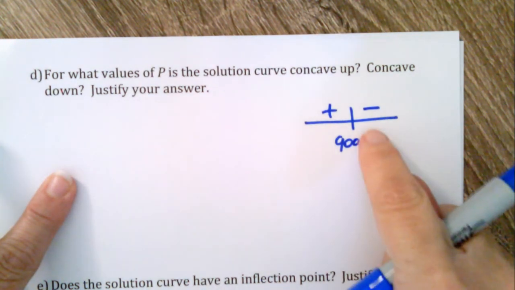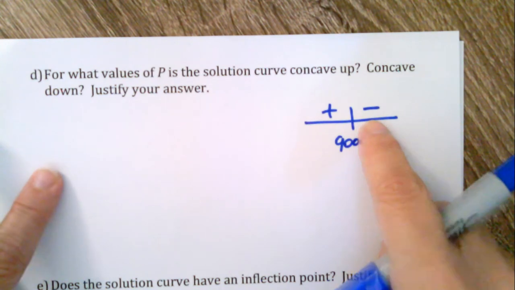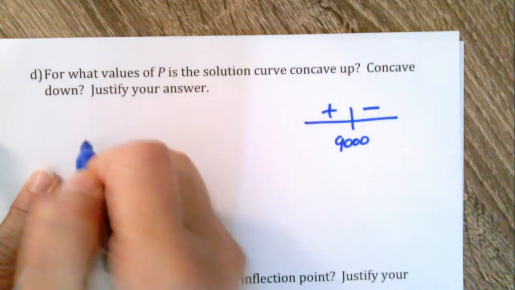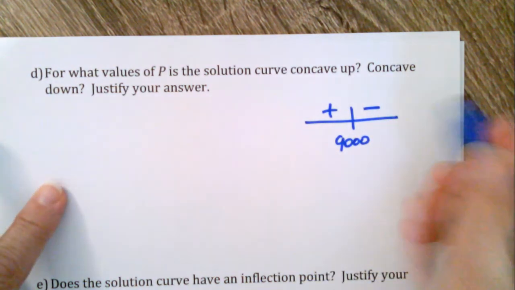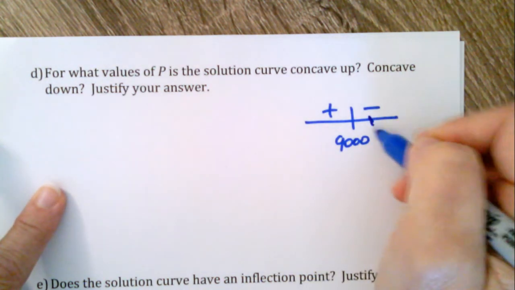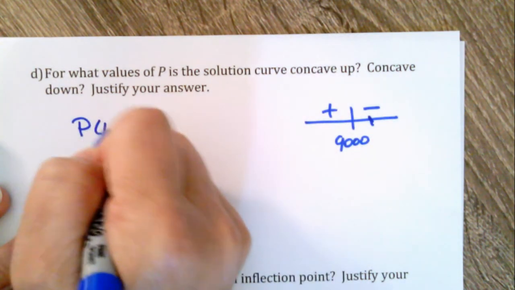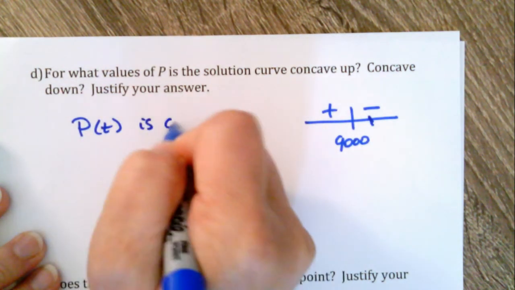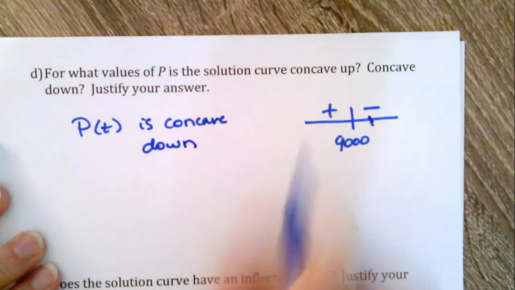If I'm not even starting until I'm at 10,000 here, then that means for this solution curve we are always going to be concave down, because we're not even starting until we get past that inflection point. And so for this one, P of t is concave down.